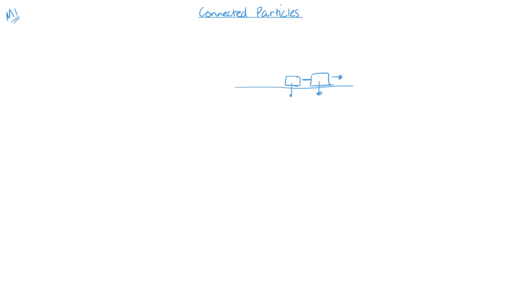There may be resistances coming back off the car and off the trailer. There'll be tension in the tow bar. And you can treat this as one overall particle where you combine both the weights into one and you basically treat it as if it is just that one particle.